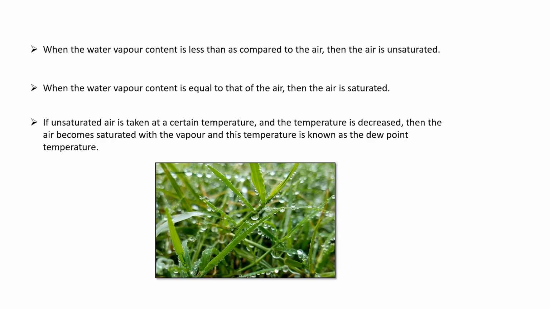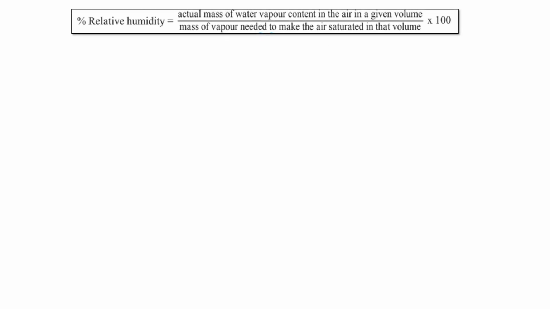Now, this humidity is mathematically calculated by this formula, which says that percent relative humidity is equal to the actual mass of water vapor in the air in a given volume, divided by the mass of vapor needed to make the air saturated in that volume, multiplied by 100.